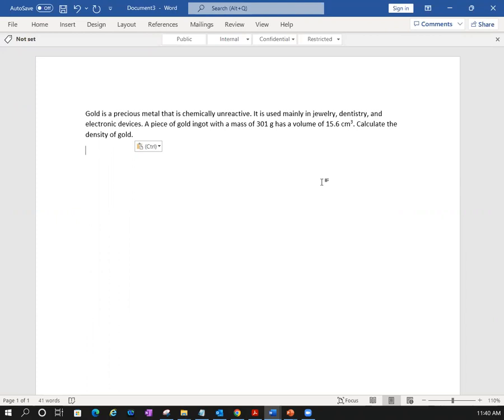So, alam natin na ang formula for density is D is equal to M over V. Then, we will just substitute the value 301 gram for the mass, and we will just substitute 15.6 sa volume. So, it will just simply look like this.